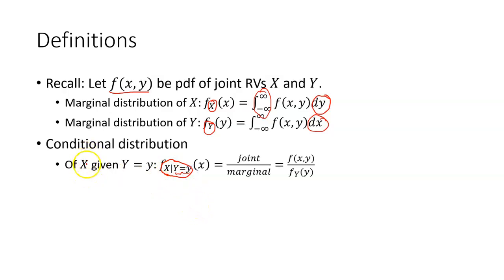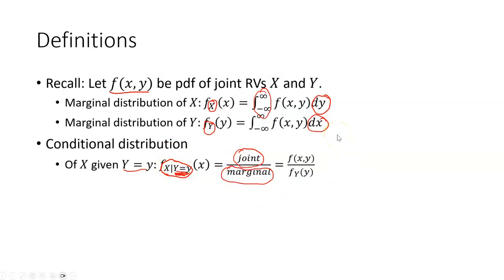So if I want the conditional distribution of X, given I know things about Y, it works similar to conditional probability, where we have the probability of the intersection, so we want the joint, divided by what I know things about Y. So I'm going to divide by the marginal distribution of Y.